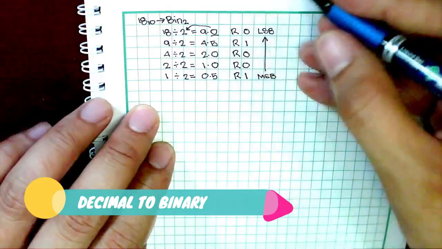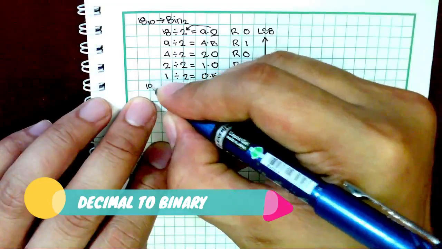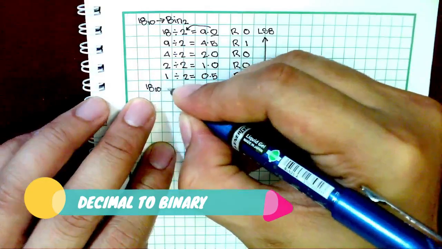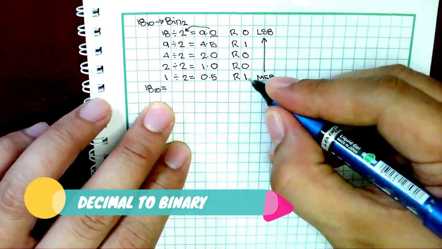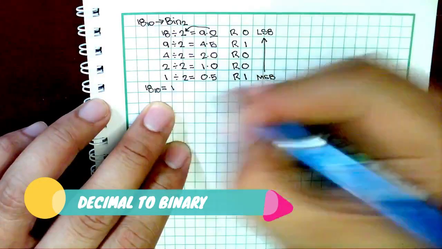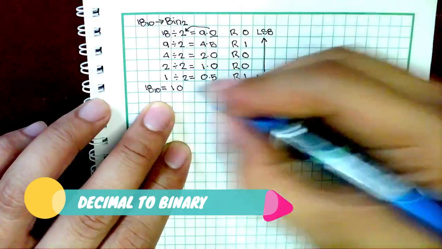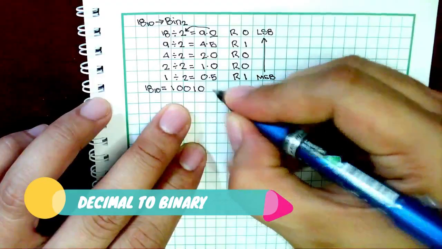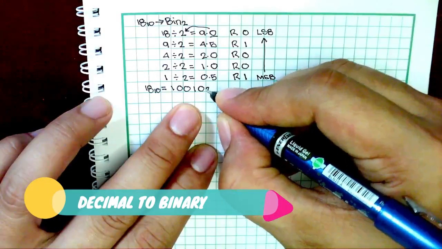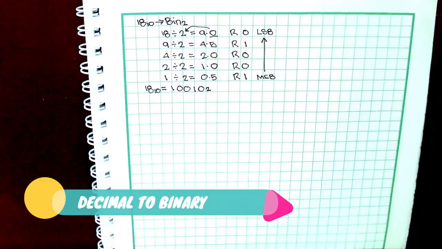So for our final answer, we have 18 base 10, which is a decimal, is equal to 1, 0, 0, 1, and finally 0 base 2. So that is our final answer.